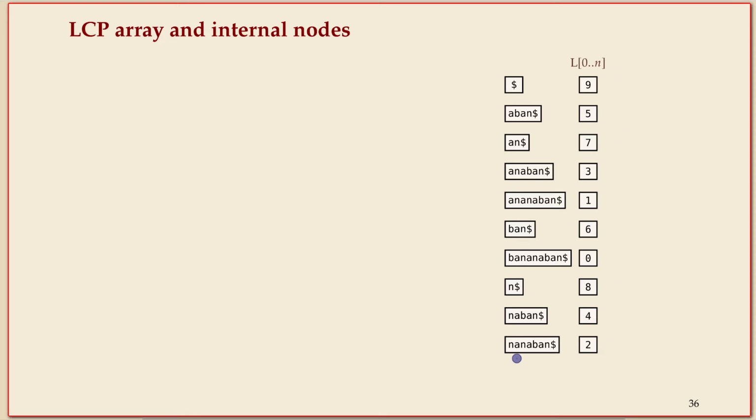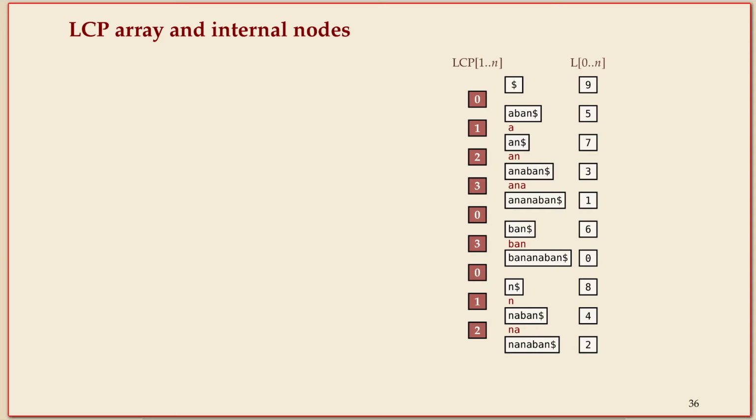Here are the suffixes in sorted order. What the LCP array is about is the longest common prefix of adjacent suffixes in sorted order. And so you see here, these share an A, but then they differ on the next position. These share AN, then they differ, and so on and so forth. And where there's nothing, they don't share any common prefix.